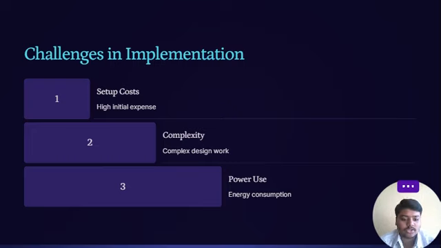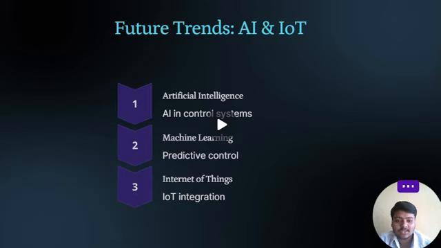That means running the system uses a lot of electricity or other forms of energy, which can make it expensive to maintain and may also raise concerns about environmental sustainability.